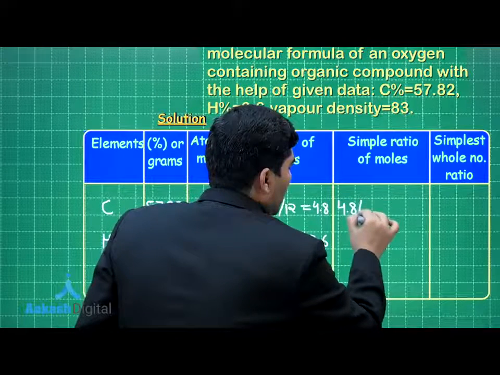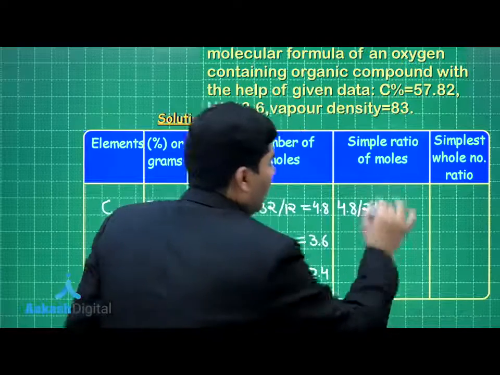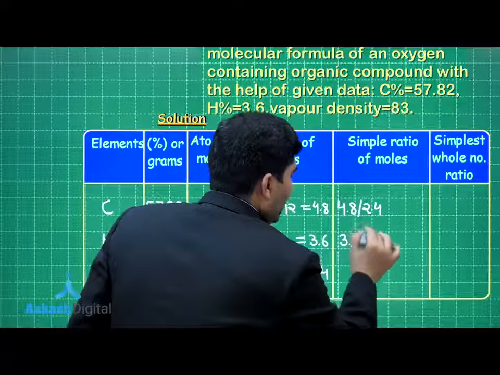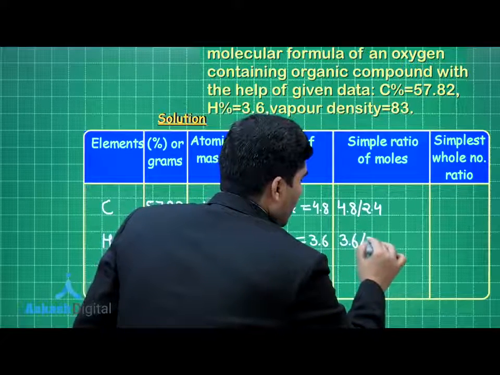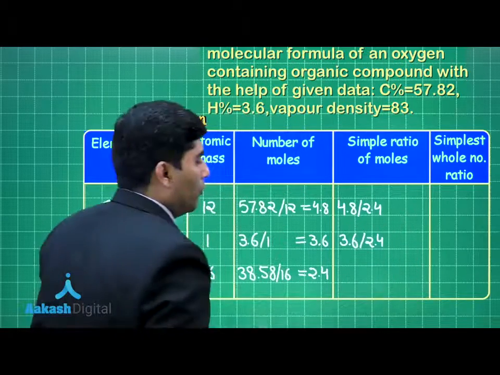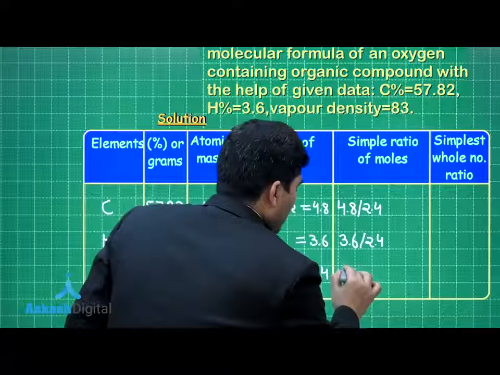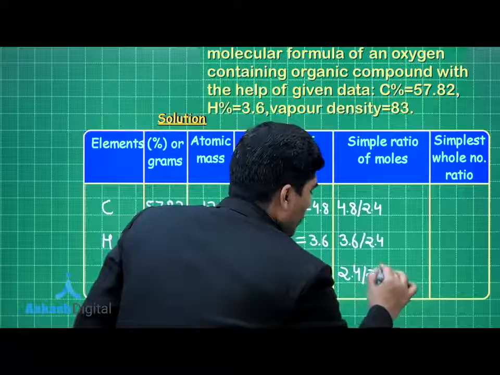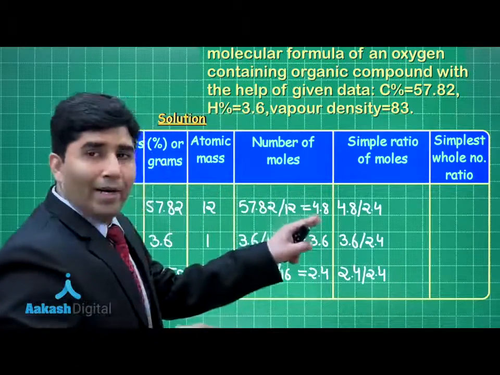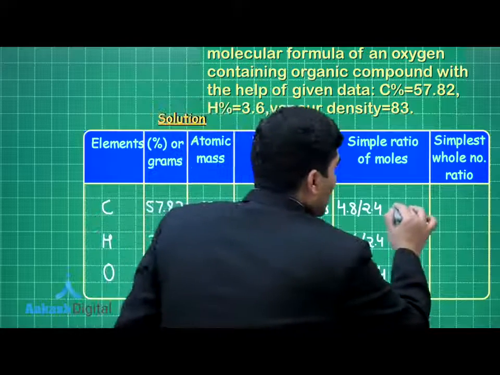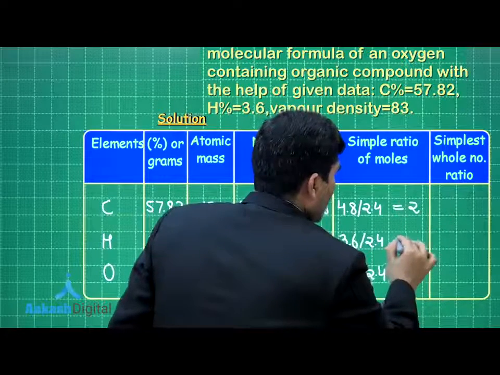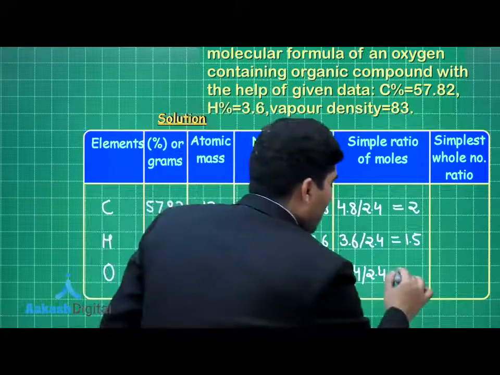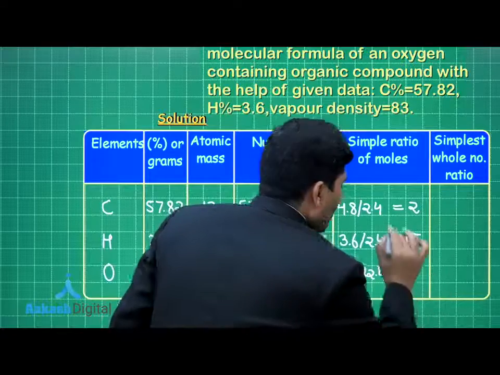4.8 divided by 2.4, 3.6 divided by 2.4 and 2.4 divided by 2.4. So on dividing this, we will get 2, 1.5 and 1.